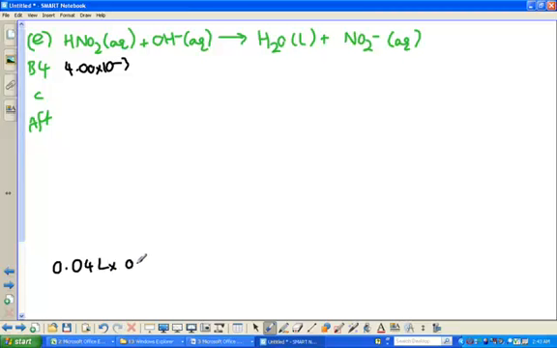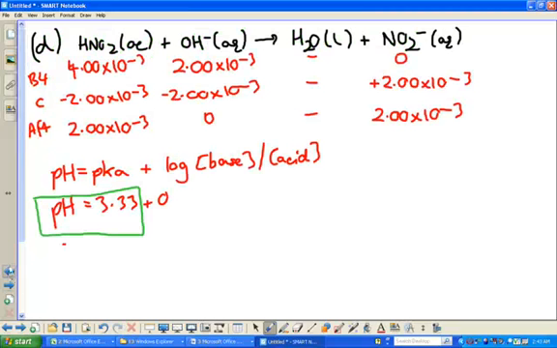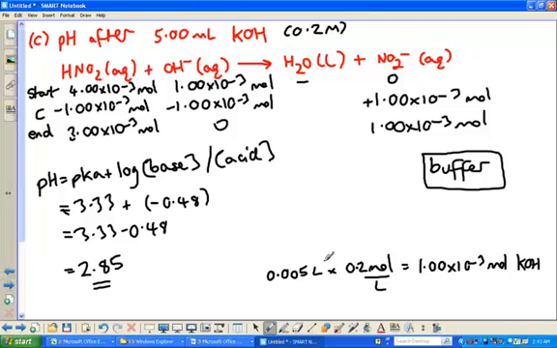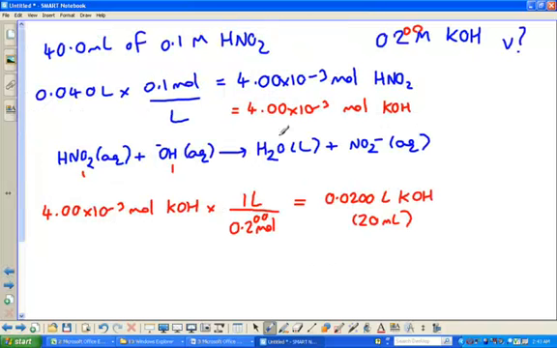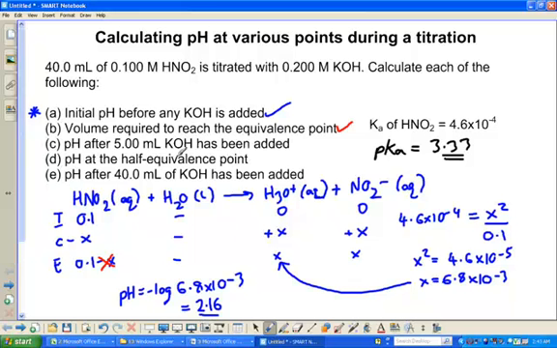Once again, times that concentration of 0.2 moles per liter, the same concentration that we used here, the same concentration that was given in the question.